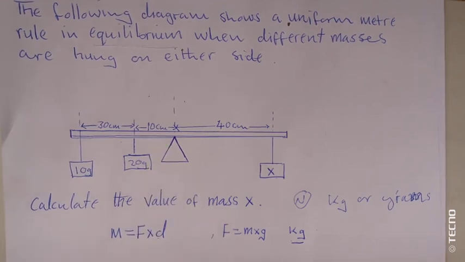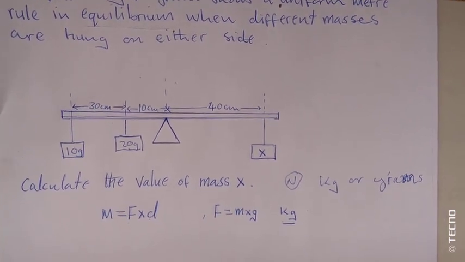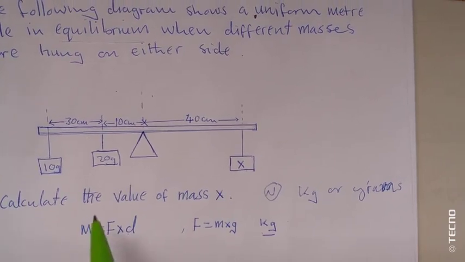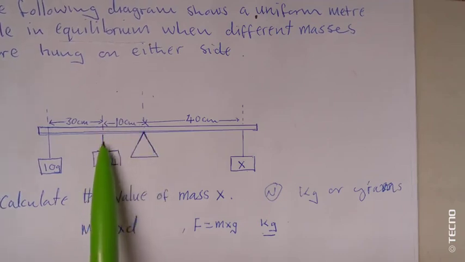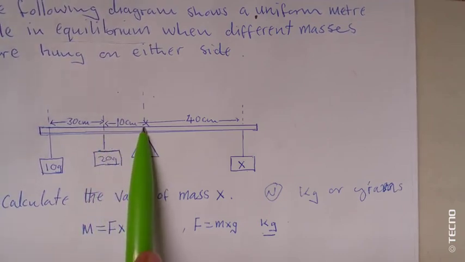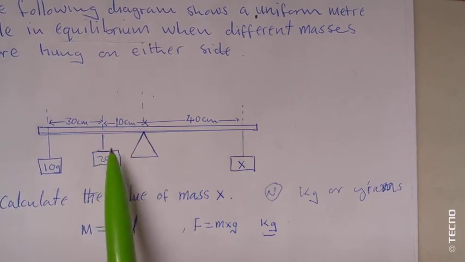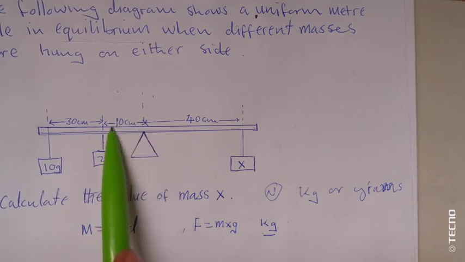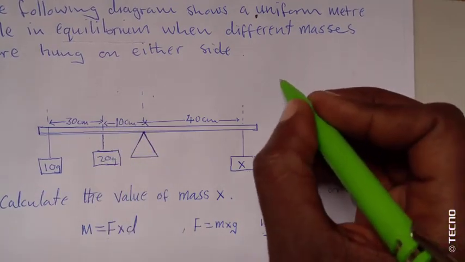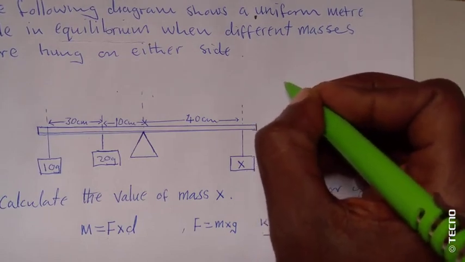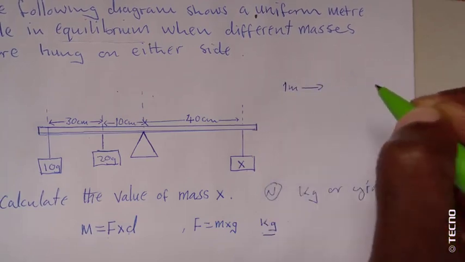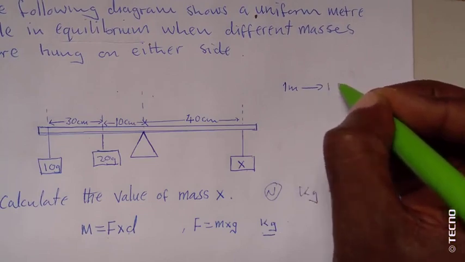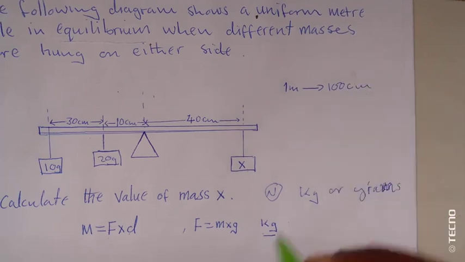Understand that? So we are going to convert. Let me show you one example of how you can convert. Let's convert the first distance, from the point of action, which is the pivot, to where there is 20 grams. We are saying that 1 meter is equivalent to 100 centimeters.